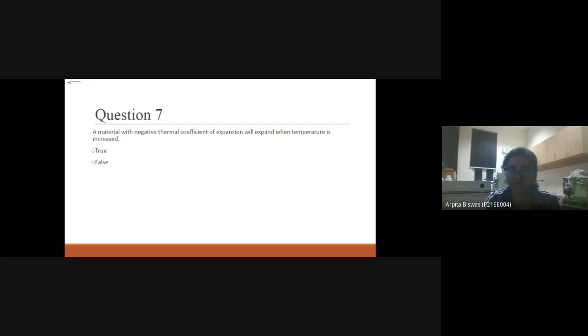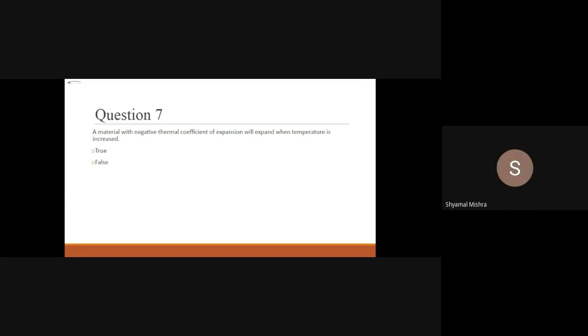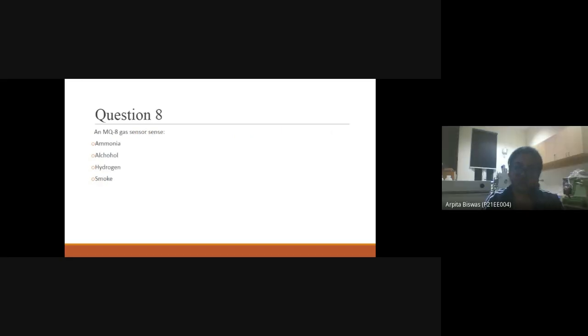A material with negative thermal coefficient of expansion will expand when temperature is increased. No, it's false. Yes, the right option is false. Next, we are moving toward question number 8.